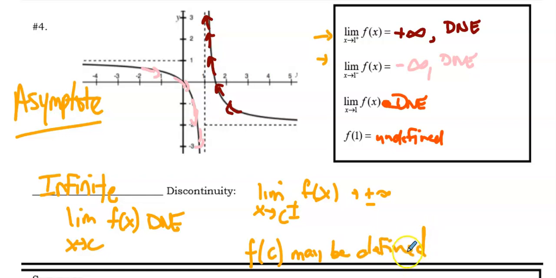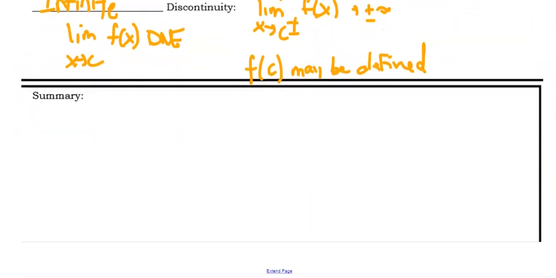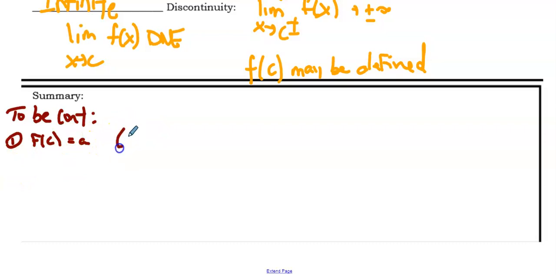So ladies and gentlemen, that's our 3 types of discontinuity. What I'd like to do really quickly is do a nice little summary for you. Okay, so what did you get out of this little lesson, or at least what I hope you did? So to be continuous, 3 things have to occur. The first one is f of c has to equal a. All right, and x is the c value and y is the a value. So we have to be defined at the point (c, a).